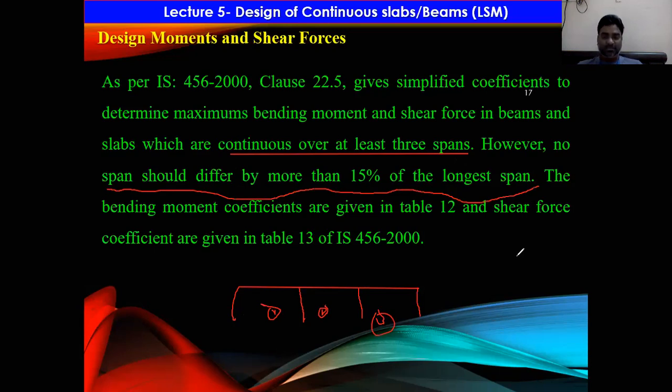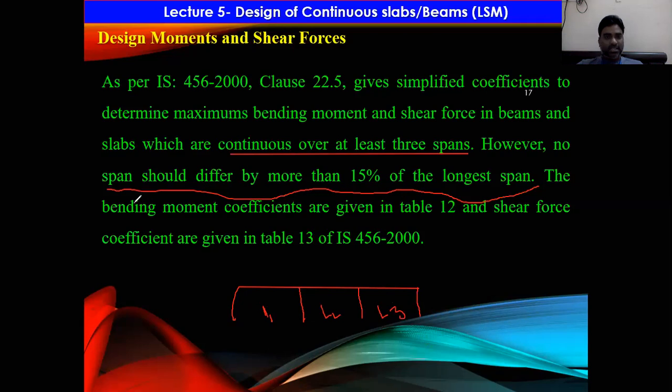What does it mean? See, suppose you have this is L1, this is L2, this is L3, for example, right?